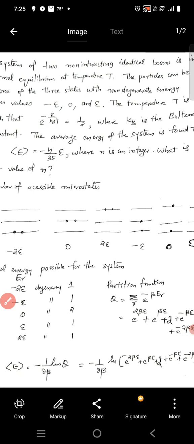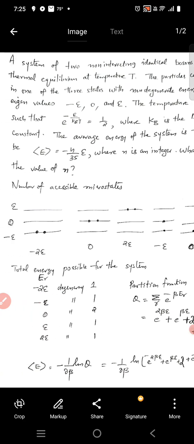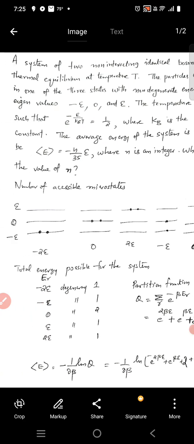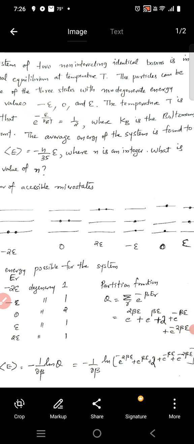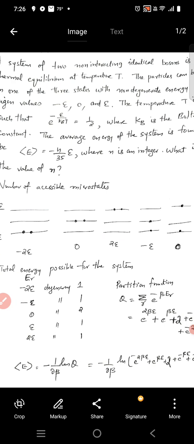The temperature T is such that the exponential of minus epsilon over kBT is equal to half, where kB is the Boltzmann constant.